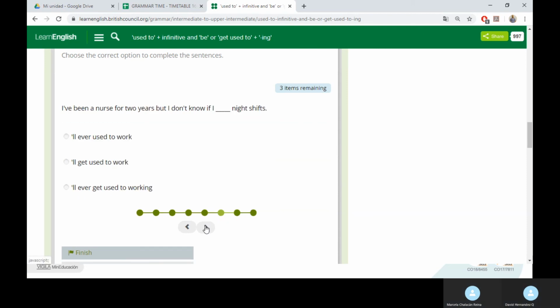Okay? I've been a nurse for 2 years, but I don't know if I night shifts. That word shifts means turnos. Turnos nocturnos. Yes? Okay. I've been a nurse for 2 years, but I don't know if I get used to or I ever get used to working.